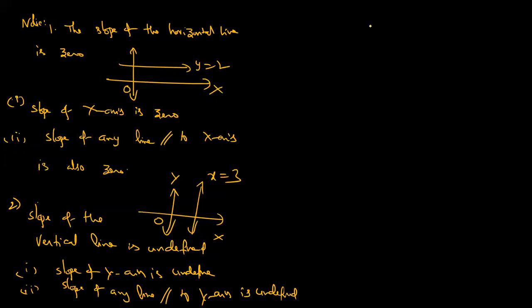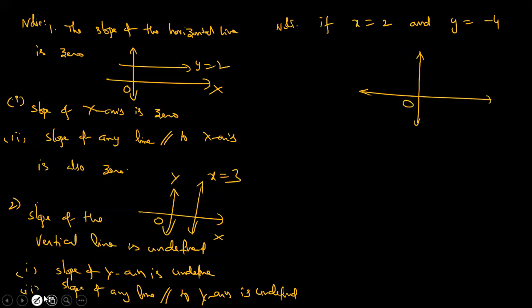So example, note. Suppose x is equal to 2 and y is equal to minus 4. What can you say from these two cases? See carefully. One is x is equal to 2, another is y is equal to minus 4.